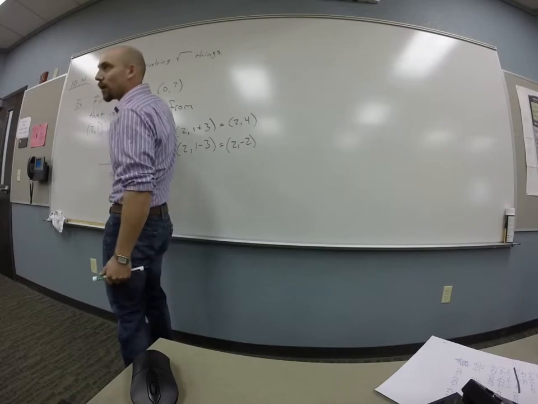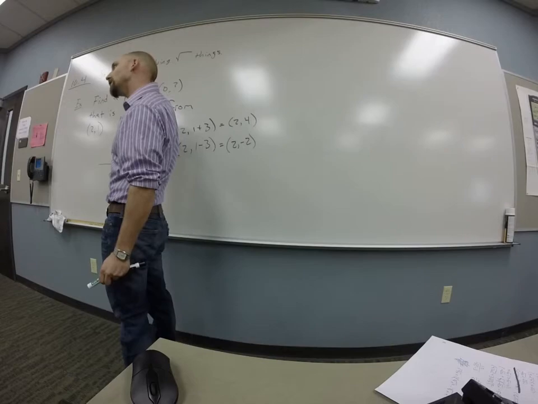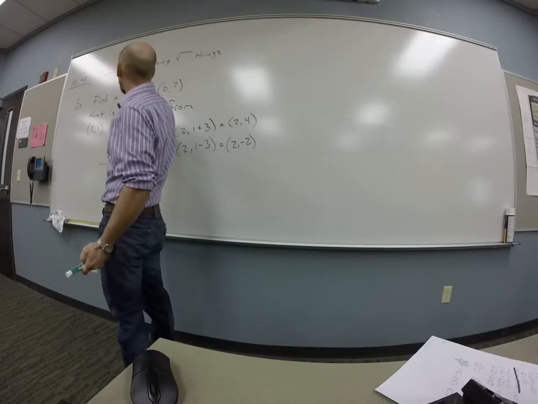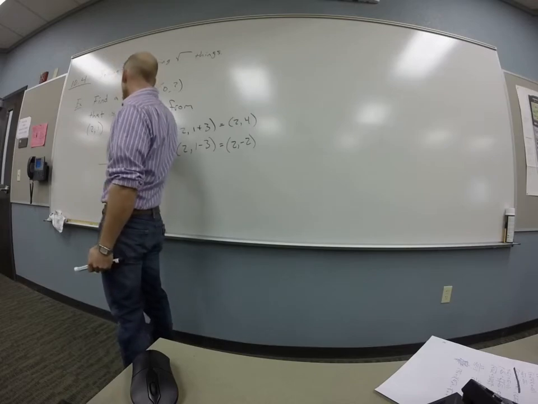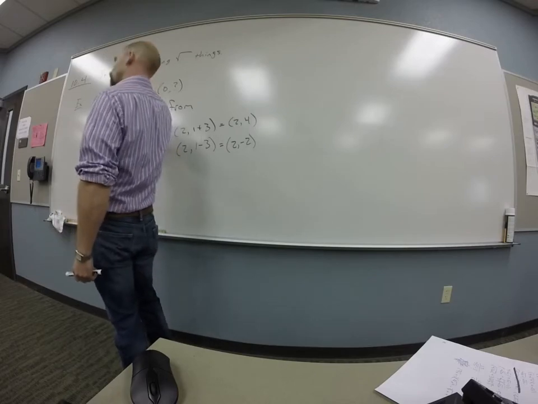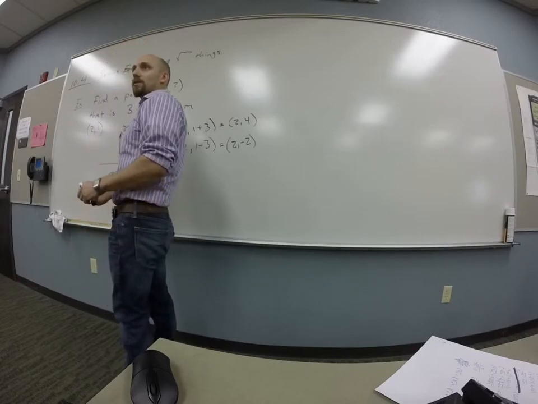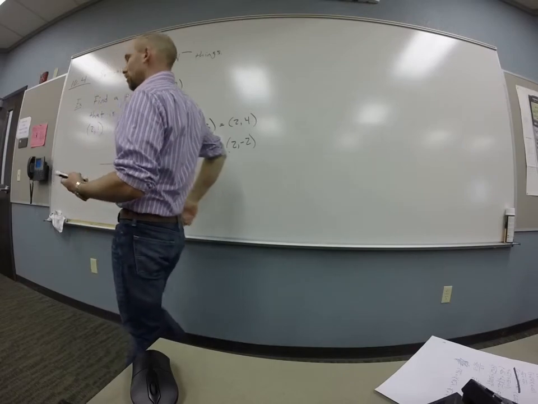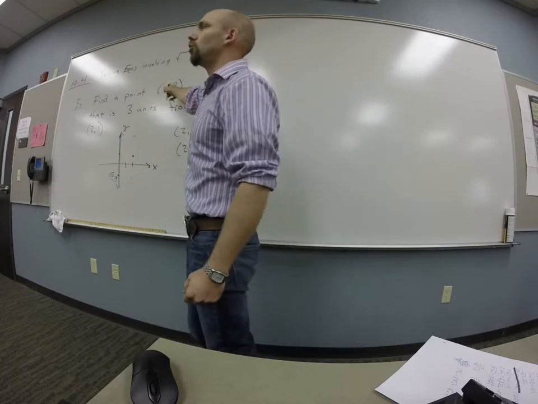But I don't know how to do that algebraically, right? So what I need to use is my new toy, my distance formula. That's saying the distance from this thing to this thing should be 3. You guys see that? So let's apply the distance formula to those two things.